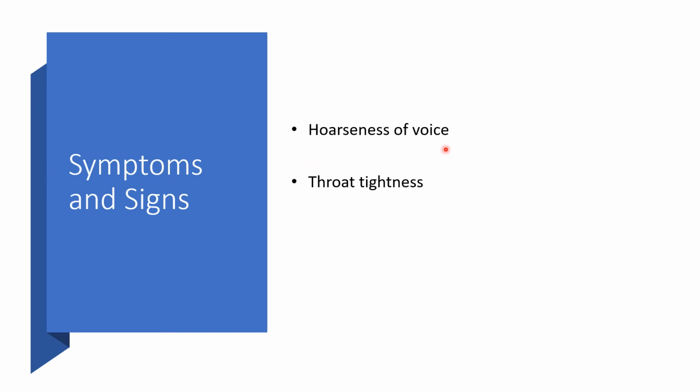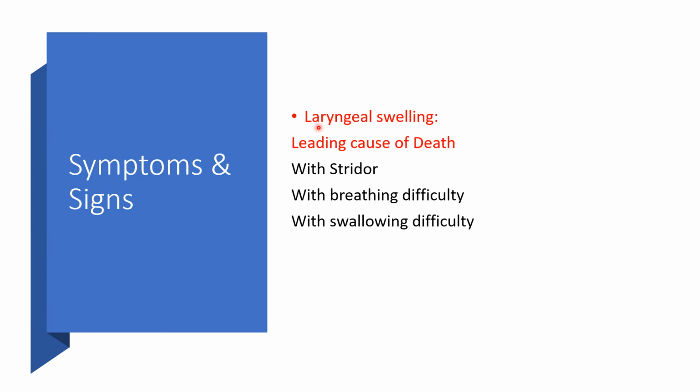There may be hoarseness of voice when the laryngeal region is involved, or there is laryngeal swelling. There may be throat tightness. Laryngeal swelling will be the leading cause of death in these patients. They will have stridor, breathing difficulty, and swallowing difficulty.